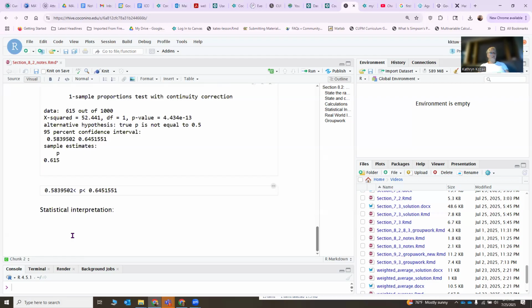And that says that I am 95% confident that the interval 0.58 less than proportion less than 0.65 contains the true proportion of voters likely to vote.